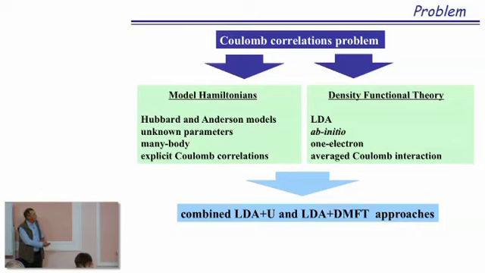So the idea is to combine both approaches, model Hamiltonian and density functional, into these two methods, LDA+U and LDA+DMFT. The difference between them is the following. LDA+U is a static mean-field approximation to the model. DMFT, just by its name, is Dynamical Mean-Field Theory. The field is dynamic. It is energy or time dependent.